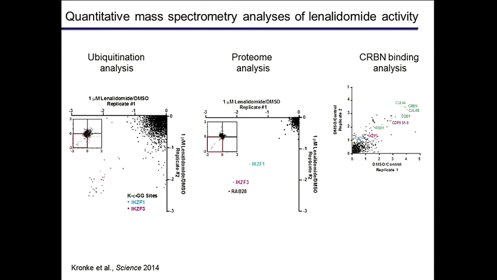And we found all the components of the ubiquitin ligase. So the pull down worked, but we actually also found IKZF1 and IKZF3 binding to CRBN. And CRBN is actually the substrate adapter for the ubiquitin ligase. Then we did the same experiment with lenalidomide, and the binding of IKZF1 and 3 actually went up. So in the presence of the drug, these substrates were binding even more.